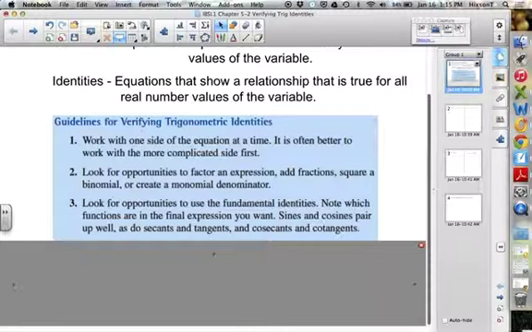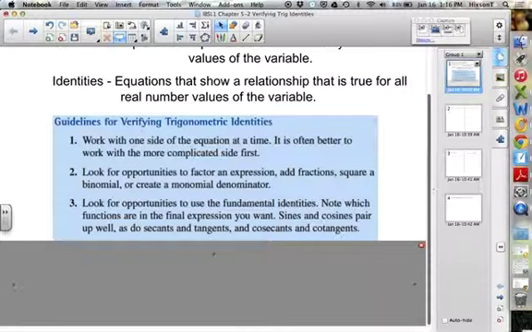secants and tangents pair up pretty well together, both in 1 plus tangent squared equals secant squared, but also because they both have a denominator of cosine. And likewise, cosecants and cotangents. They pair up well, both in the Pythagorean identity and in the fact that they both have sine in their denominator.